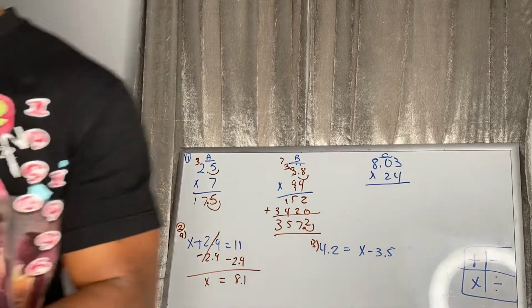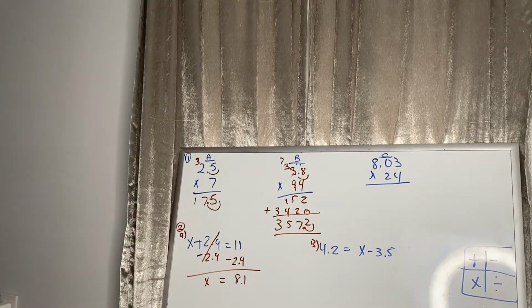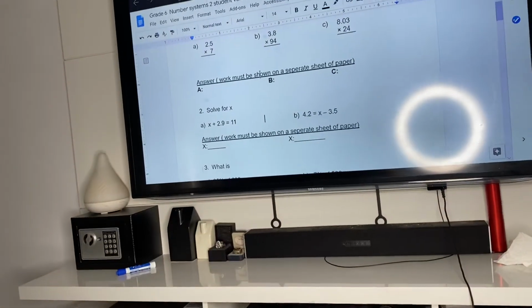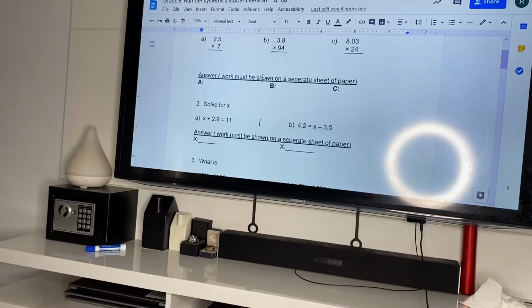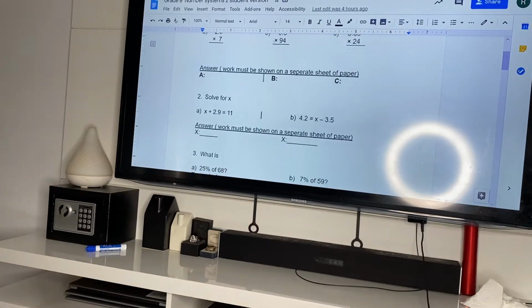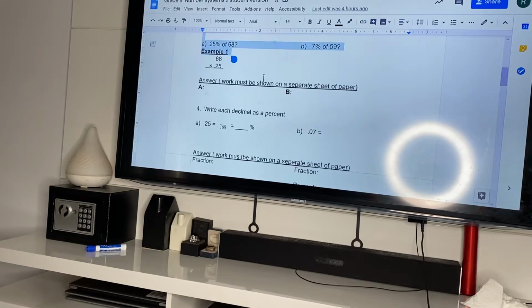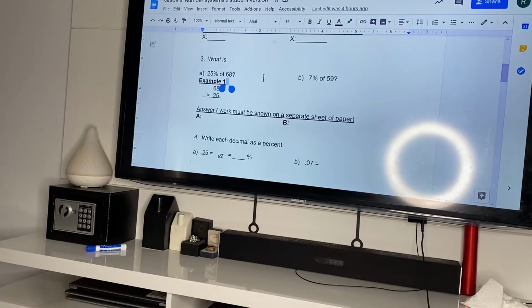2A. All right, so let's go back over here. Number 3 says, what is 25% of 68?